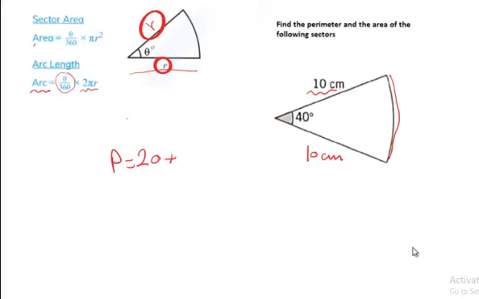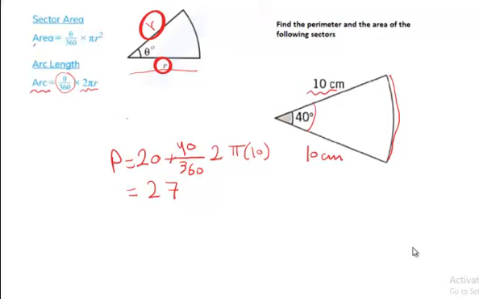How can we do that? This arc is a fraction of the whole circle, and the fraction is 40 over 360, multiplied by 2 pi r, where r is 10. In this case our answer will be about 27.